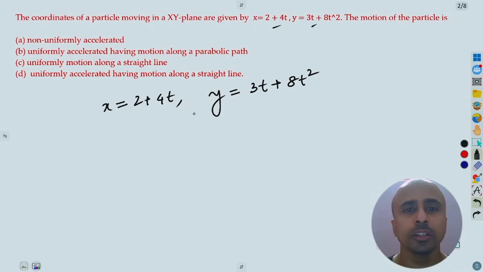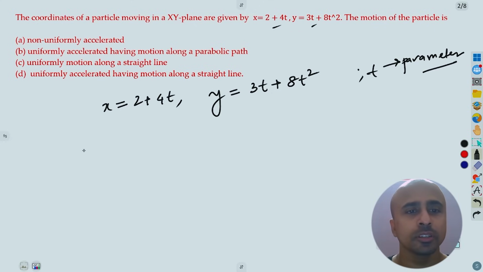So the particle is moving following this equation, where t is time, or any parameter, maybe time or something like this, but t is a parameter. So we have to determine what kind of motion this is.